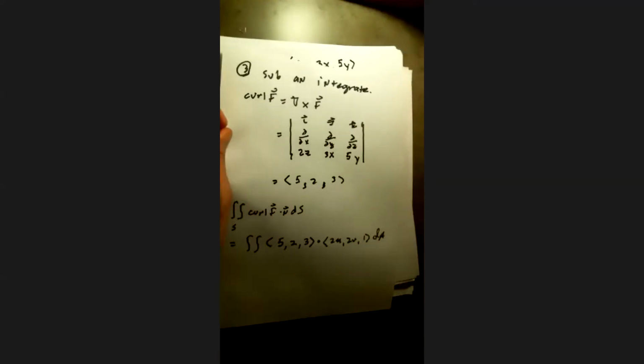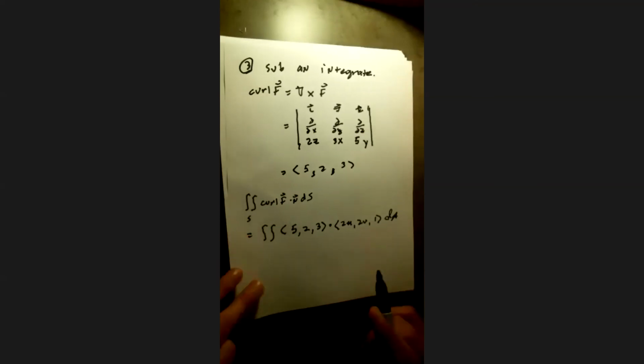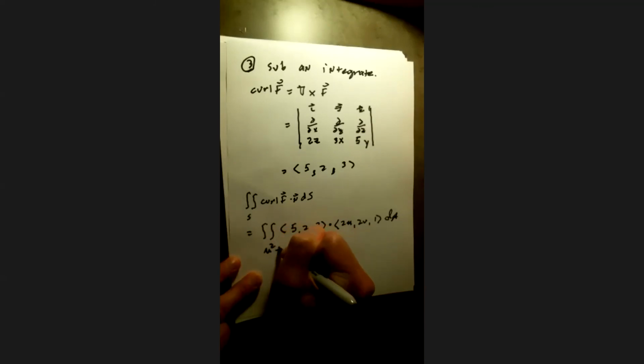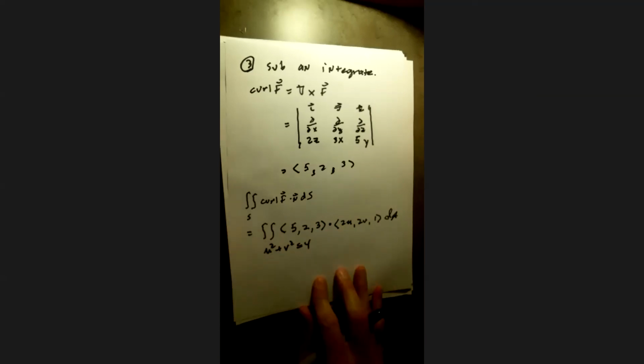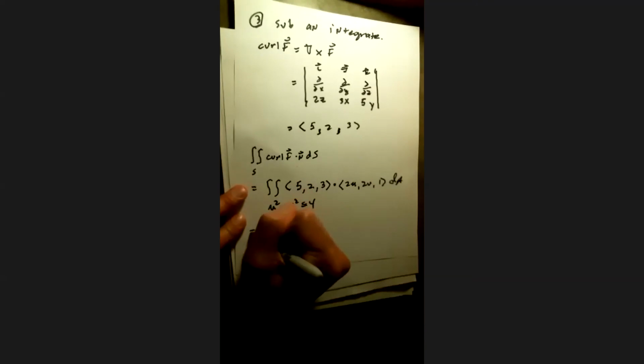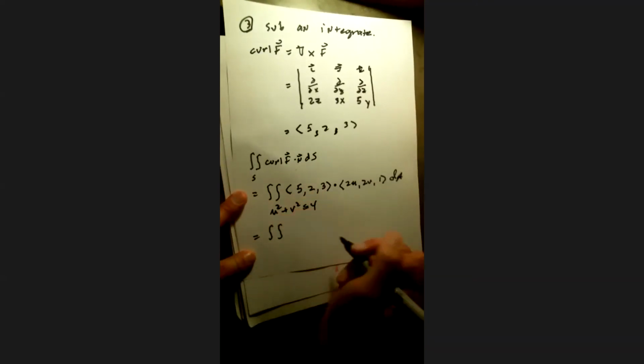Appreciate it. All right. And then I don't want to mess around with my limits of integration yet at this point, so I'm just going to write, this is for when u squared plus v squared is less than or equal to 4 at this stage. So from there we can calculate our dot product.